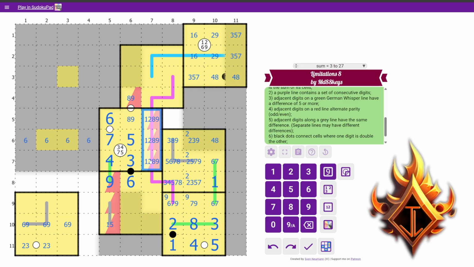So this has a 1, 2, and then red. But then this one, if it's 9, it can go there, but it could also go up here somewhere.